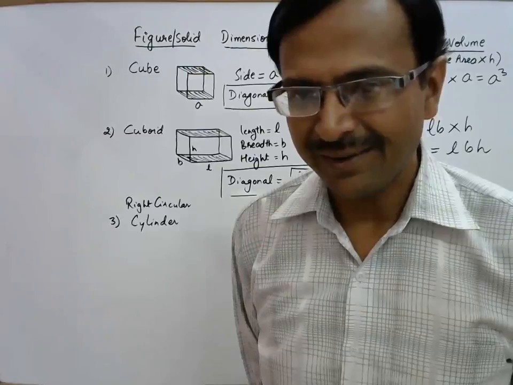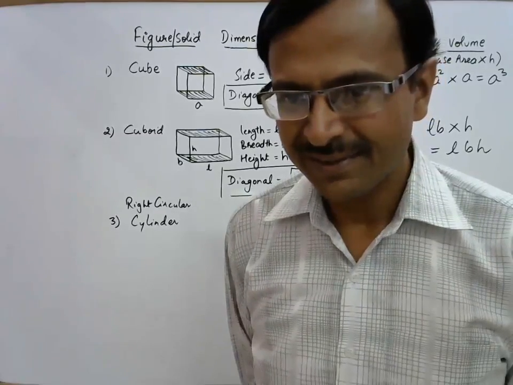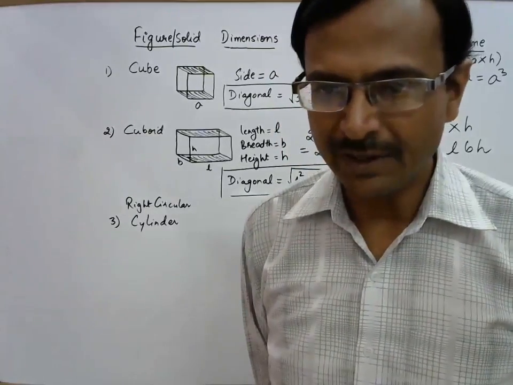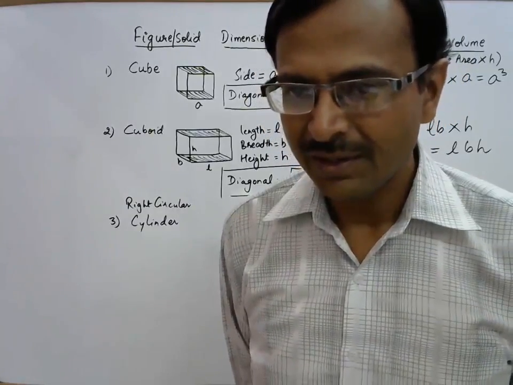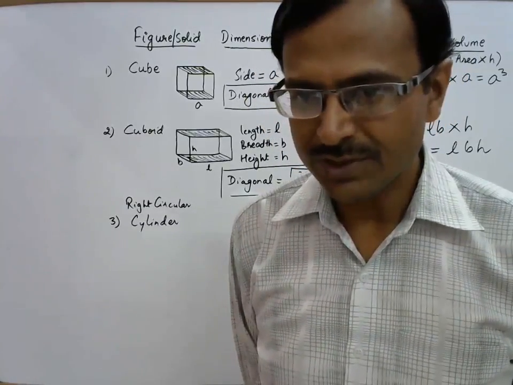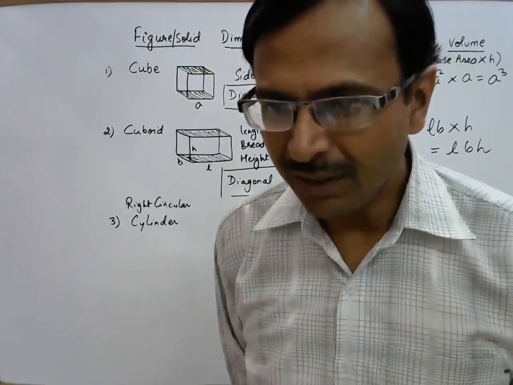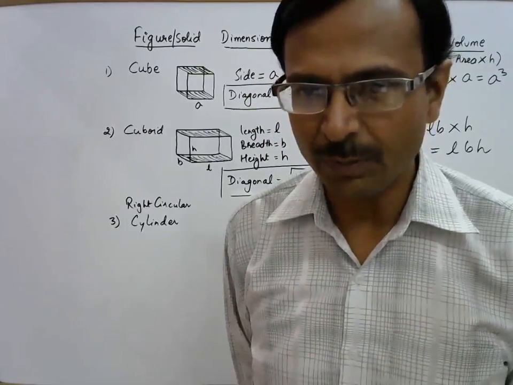See, that's what maths is all about. We keep on studying so many terms in mathematics, but we don't know the meaning of those terms. Iqbal, height must be straight. Height is always straight, Iqbal. It cannot be curved.